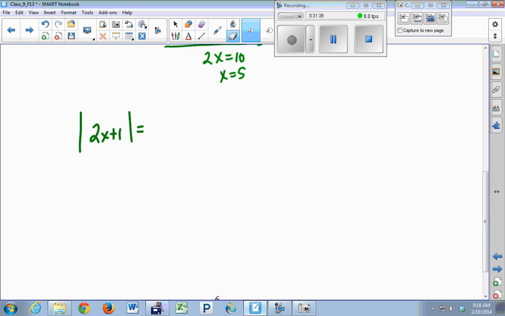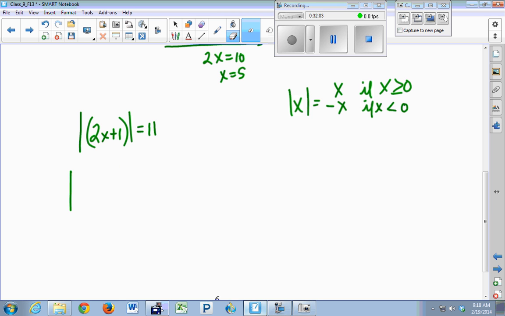Okay, so this goes back, were you here the first day of class when we talked about the definition of absolute value? So remember, we had this definition if x is positive or equal to 0, and this one if x is negative, right? So the idea here is to say, what could be in between those? What would be true? Let's forget about solving the equation right now. What could I put in between those absolute value symbols right now? So this would be true and that would be true.